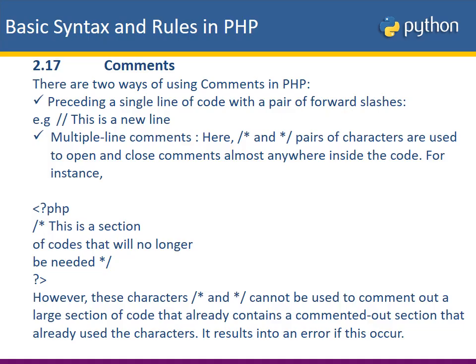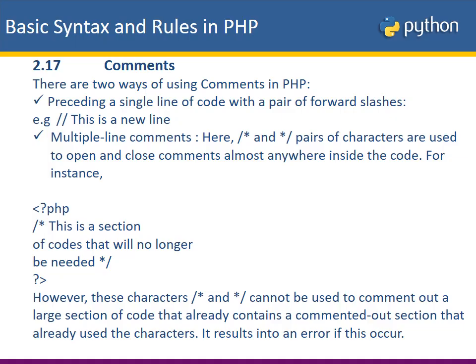So slash asterisk is used to open a comment, and asterisk slash is used to close a comment. So you can open and close a comment almost anywhere inside the code.